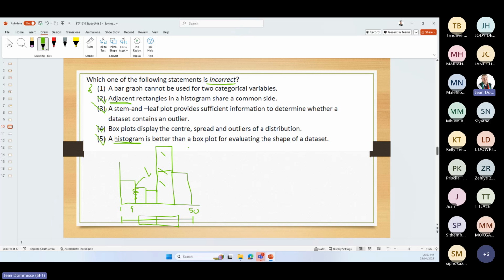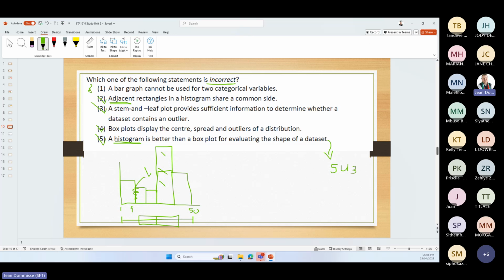So a histogram does give you more information to evaluate the shape of a data set than a box plot. This we will also look at in study unit 3, because then we will look at skewness in data: left skewed, right skewed, positive, negative skewed. We will look at all of the skews also in study unit 3.